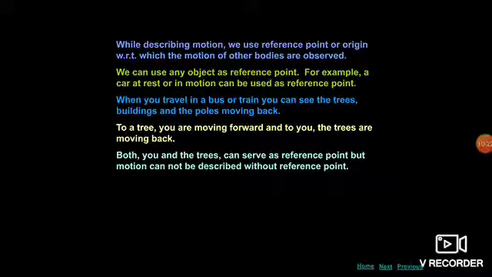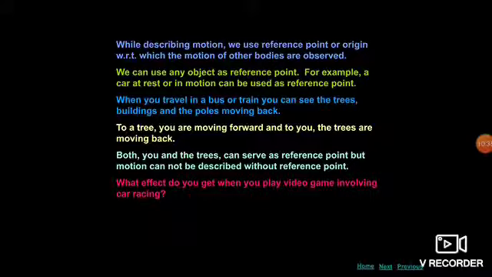Getting my point? It means somebody or something will act as a reference point if we have to show that a body is in motion. Now, which effect do you get when you play video games involving car racing?